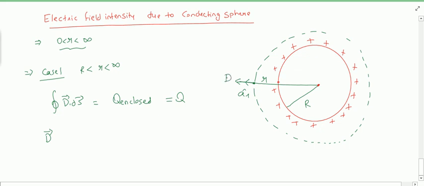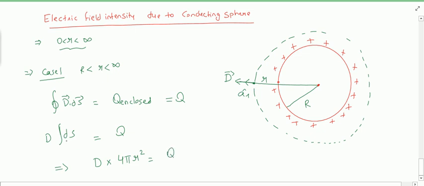So D and a r cap are in the same direction, so the dot product becomes D, which comes out, times the surface area for this sphere, 4 pi r square, equals Q.